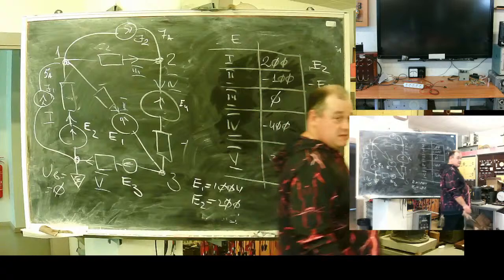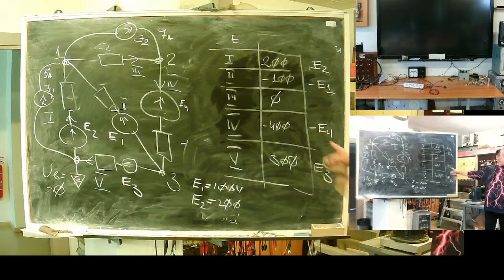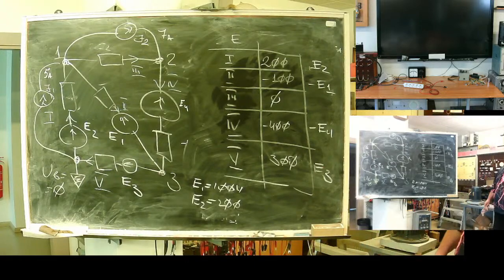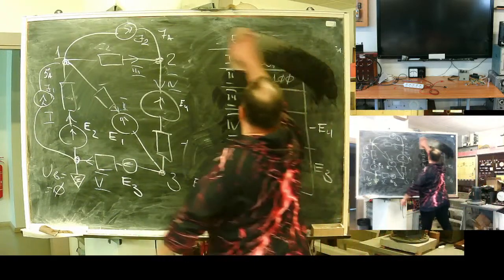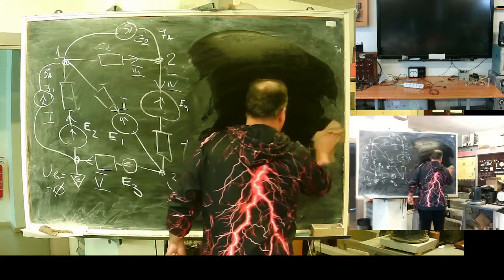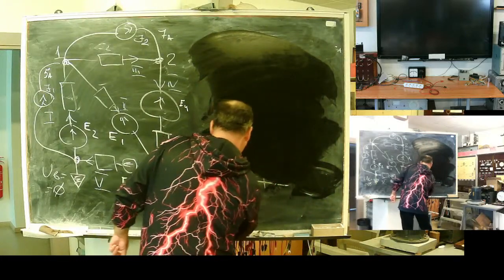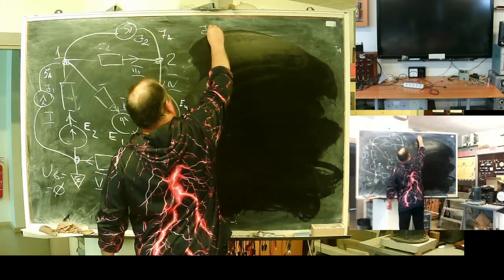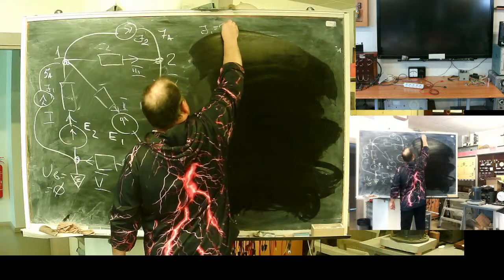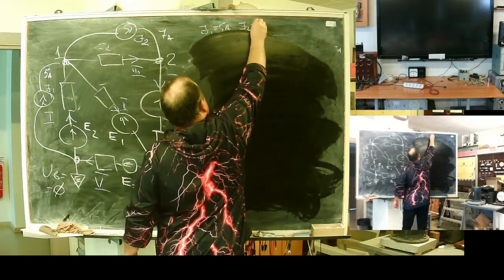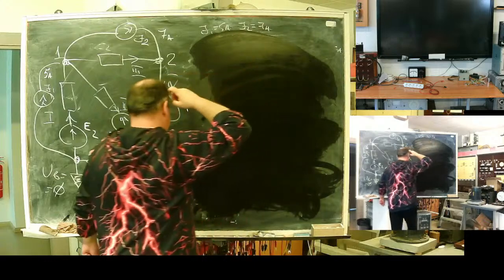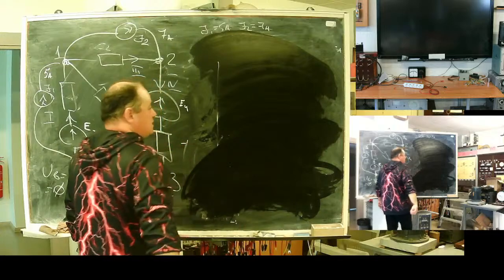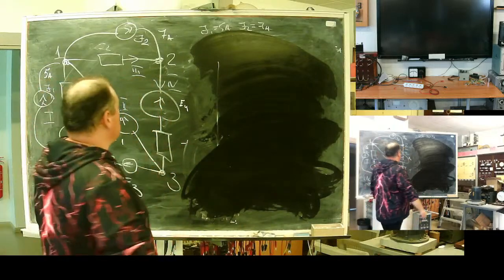Can I erase this? No questions? Yeah, take a picture. Oh, I got two current sources. One is 5 amps and the second one is 7 amps. What should I do? There are two possibilities, two vectors for current source.